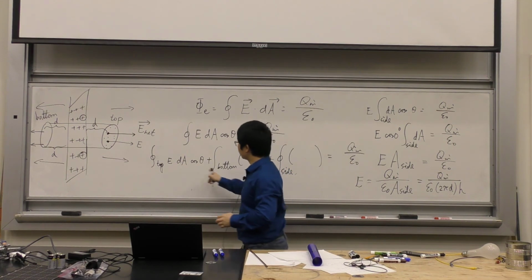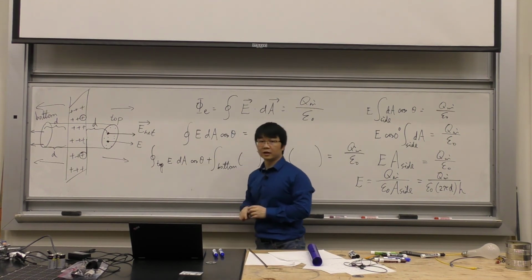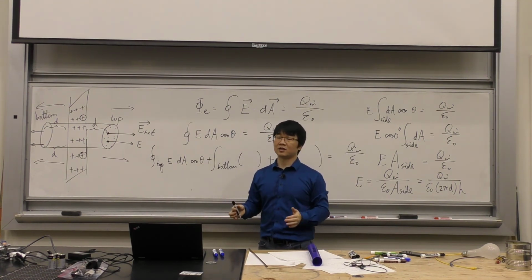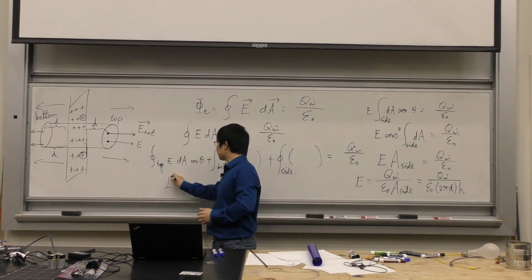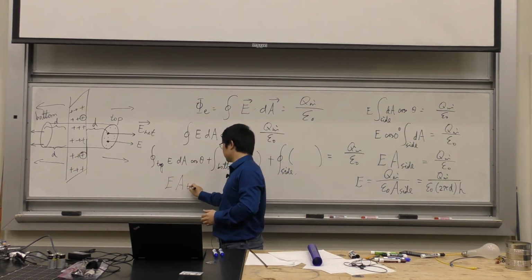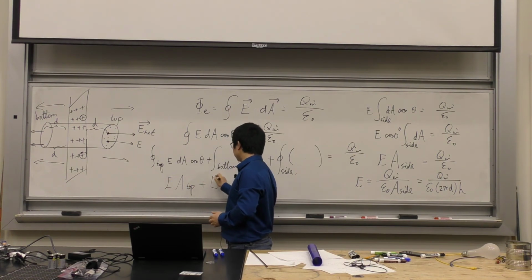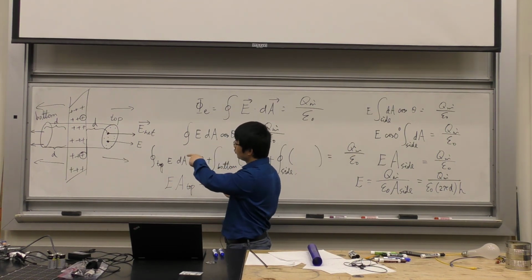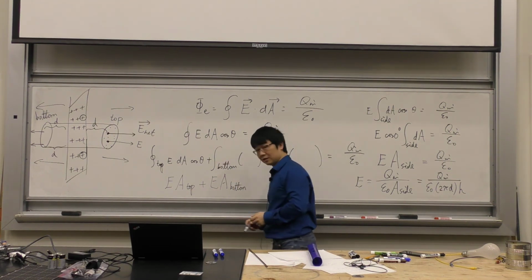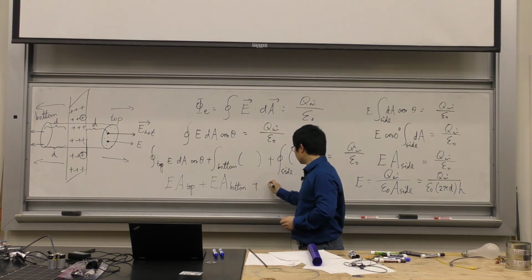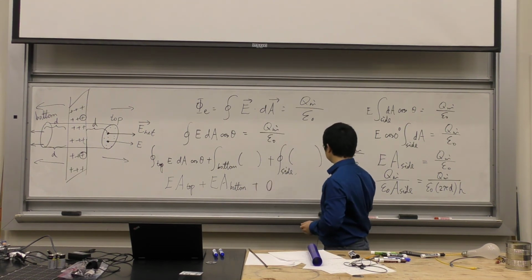But for the bottom and top, what do I get? We have done that so many times, I don't even need to repeat this. I will get E times A for the top, E times A for the bottom, because the electric field is perpendicular to the surface everywhere. The curved side is 0 in this case.